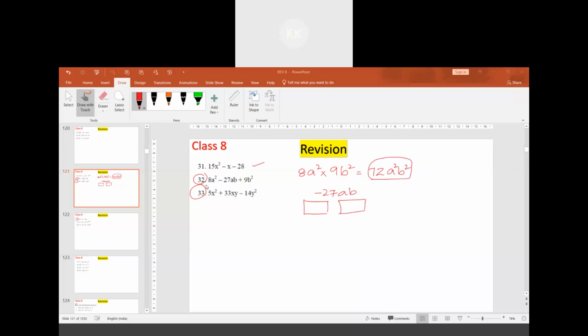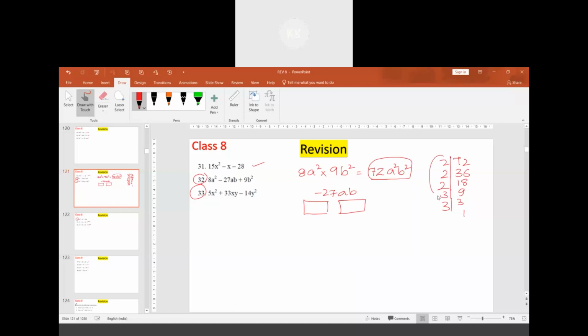I am trying to solve this 32nd question. For that, we have to prime factorize 72: 2 times 36, 2 times 18, 2 times 9, 3 times 3, 3 one time. Now, with this combination of numbers, can we get the sum as minus 27? That's our intention. Minus 24 plus minus 3.